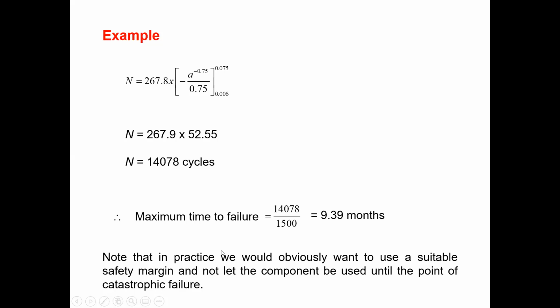So you can't use it until 9 months and 10 days, 11 days, and then replace it. It is not good. So you need to put in the safety margin. If you predict it will fail within 9 months, then you need to replace it 2 weeks before completing the 9 months. That's the normal safety margin you should keep.